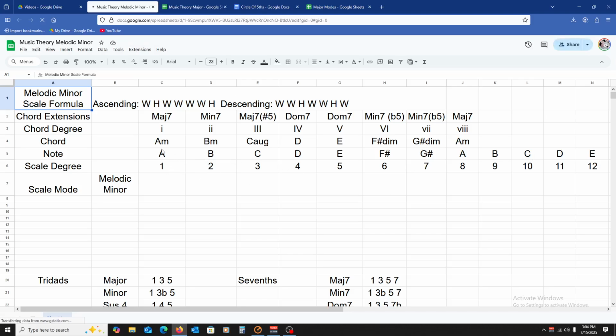So if we're playing an A, B, C, D, E, F sharp, G sharp, A for our A melodic minor scale, well then the second mode would be playing a B, C, D, E, F sharp, G sharp, A, and then ending on B, right? And that's going to give you a melodic minor mode.